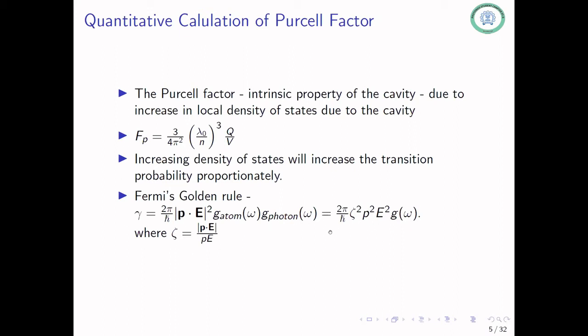Here, this zeta is essentially the cos theta term, the cosine of the angle between the dipole and the electric field, and the total density of states is the density of states of the atom, which won't change by putting it anywhere, multiplied by the density of states of the photon. So this will give you the total density of states, and that's something that we can change.